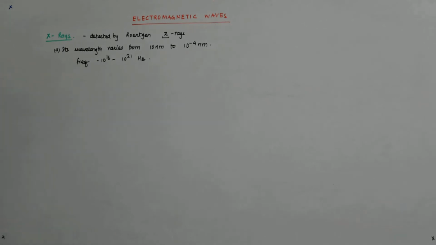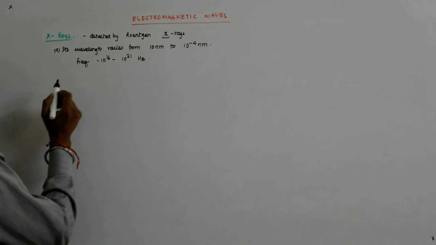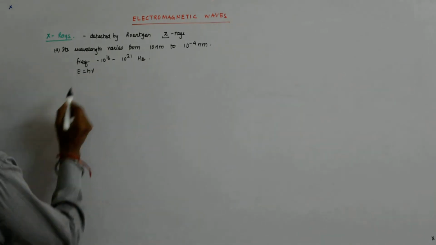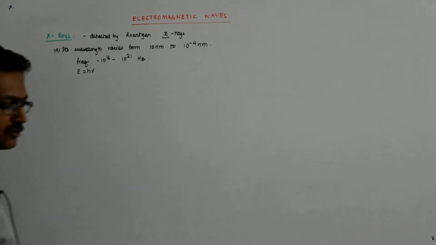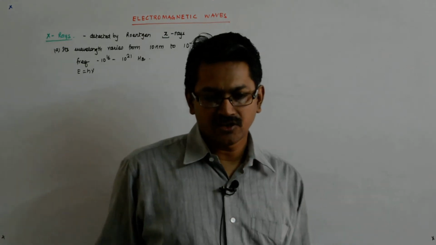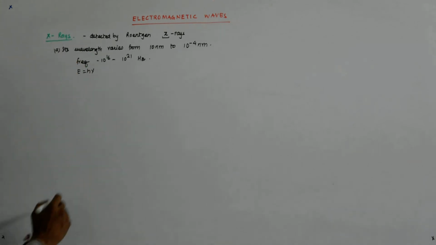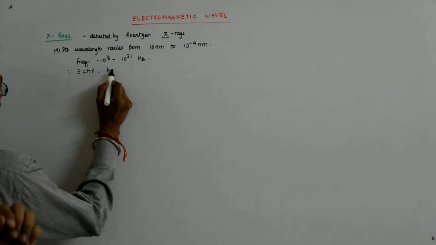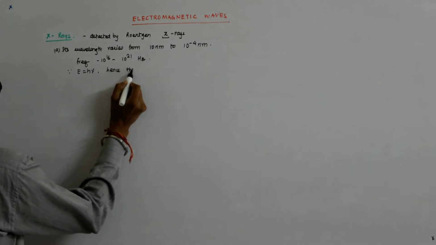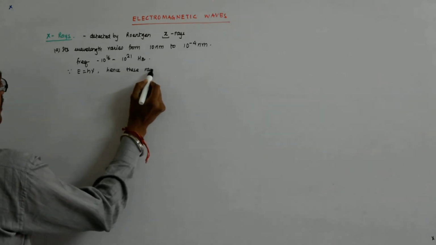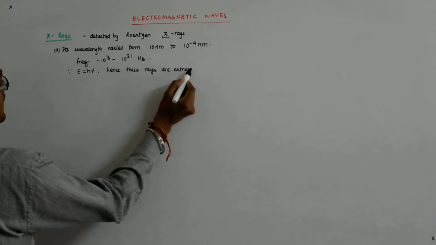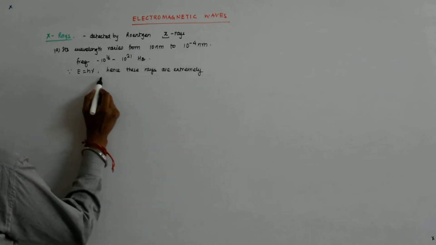That's a very high frequency, and knowing that E is equal to h nu, and nu being so high, h is your Planck's constant, hence these rays are extremely energetic.